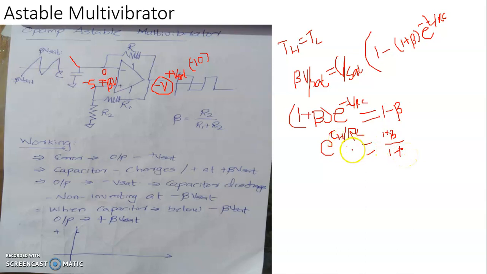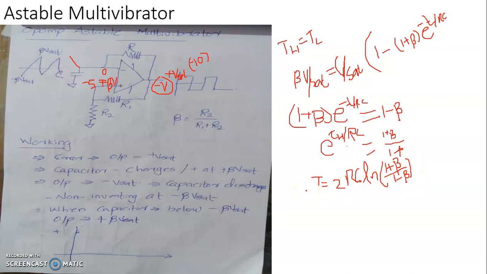So that t equal to RC natural log 1 plus beta by 1 minus beta. So that period T equal to TH plus TL equal to 2t, if you are putting it as a small t only, then period equal to 2RC natural log 1 plus beta by 1 minus beta. So this is the expression for the period.